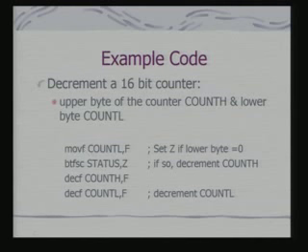Is this clear? Because there are 2 bytes and they have to be decremented. So if you want to ensure an atomic decrement operation on this counter, you need to protect this code. That means you need to disable the interrupt from occurring.